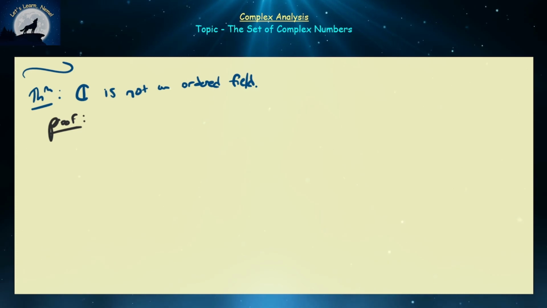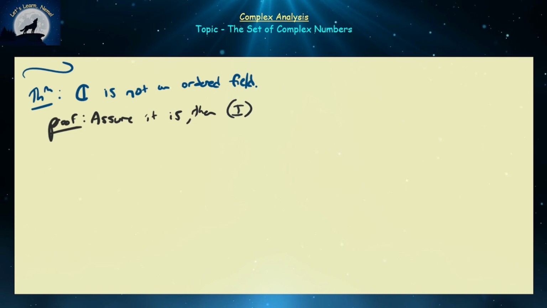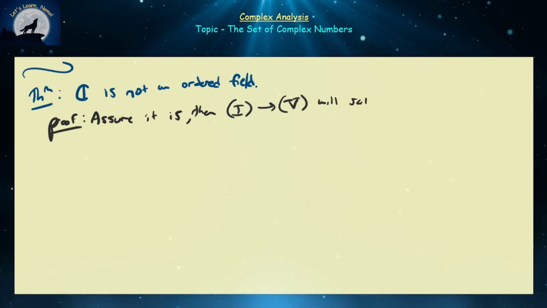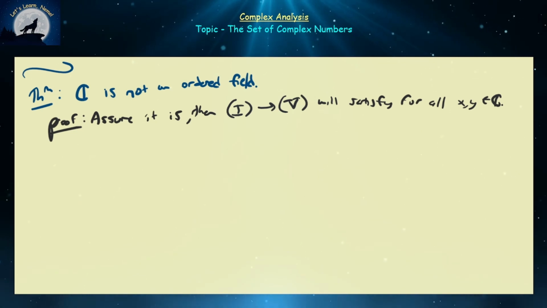If you want to pause this video and see if you can do that, feel free to do so. So assume it is, so that means I'm going for a proof by contradiction, then properties 1 through 5 will satisfy for all, for example, x, y in C, right?